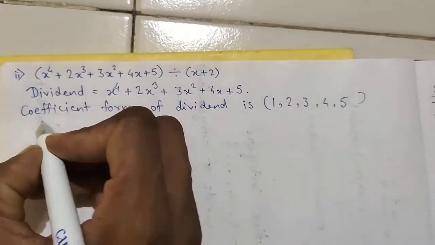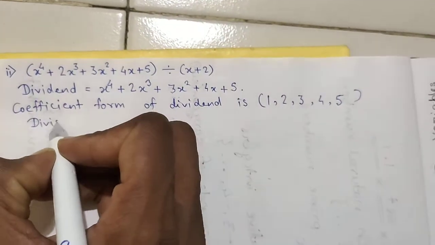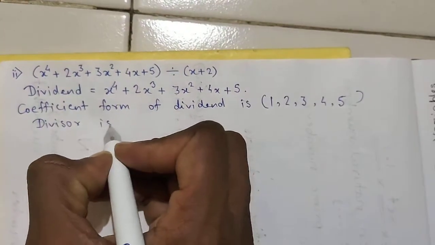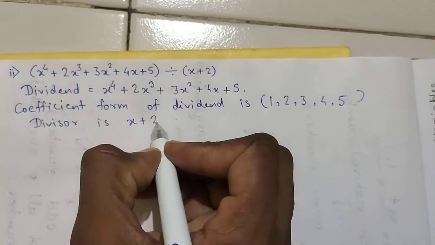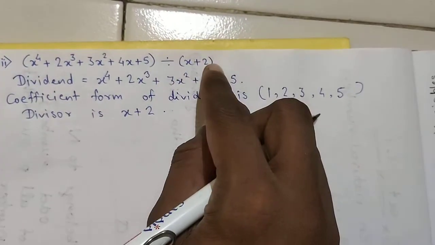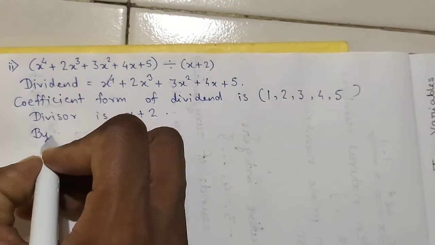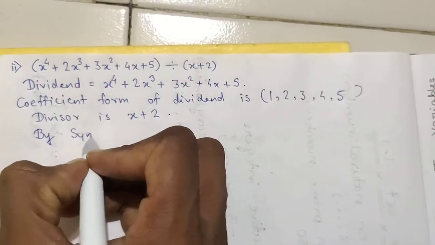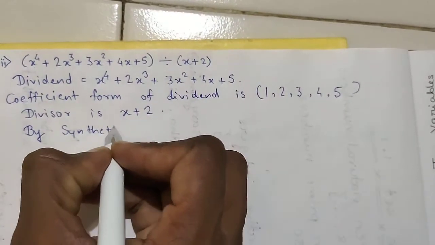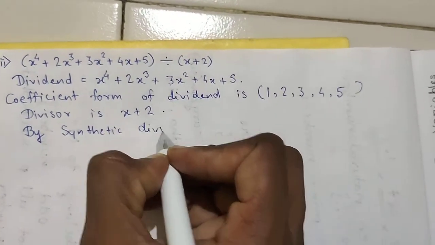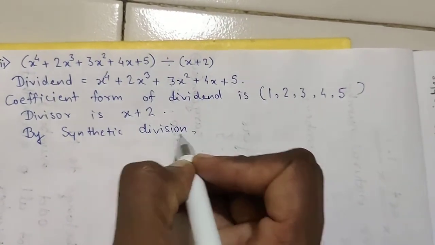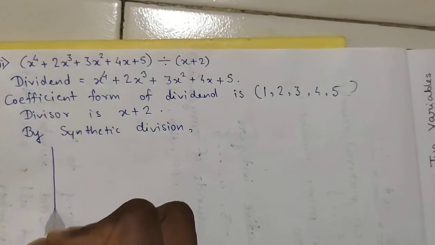Now see, what is the divisor? Your divisor is x plus 2. Now let us perform synthetic division. See how to do synthetic division.